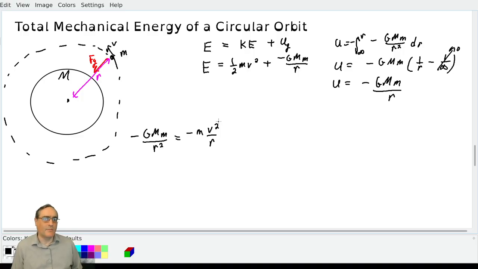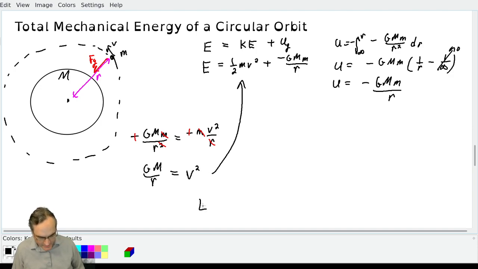If you're wondering why I'm writing it minus, it's because I'm writing the gravitational force as minus to indicate it's towards the center of the large body. We can cancel stuff out again, and we just get that GM over r is equal to v squared. And in this case, that is all we want. We're going to substitute that in.